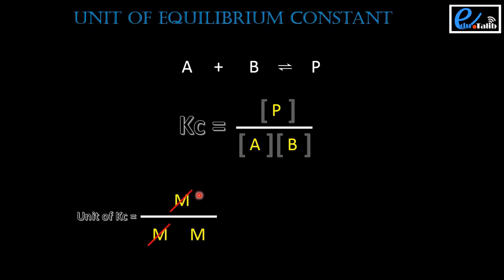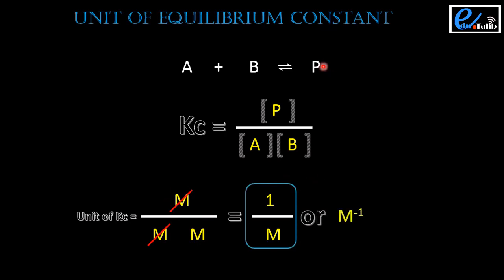So what remains over here is 1 over M. So this may be the unit for this particular reaction, or it may be written as M inverse. So there's another representation for the unit of Kc for this particular reaction.